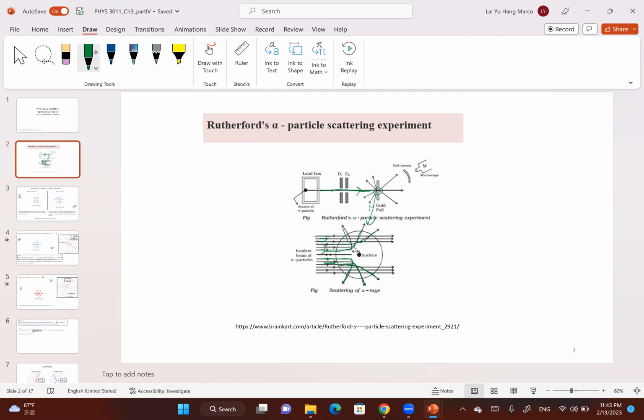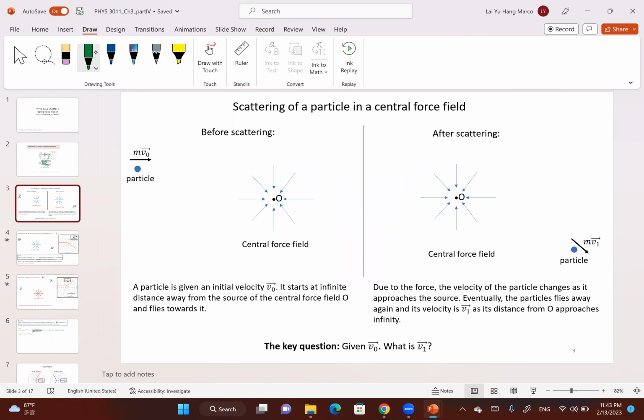Let me give a cleaner picture here. We have a central force field, as shown in the picture, and an incoming particle with an initial velocity v0.